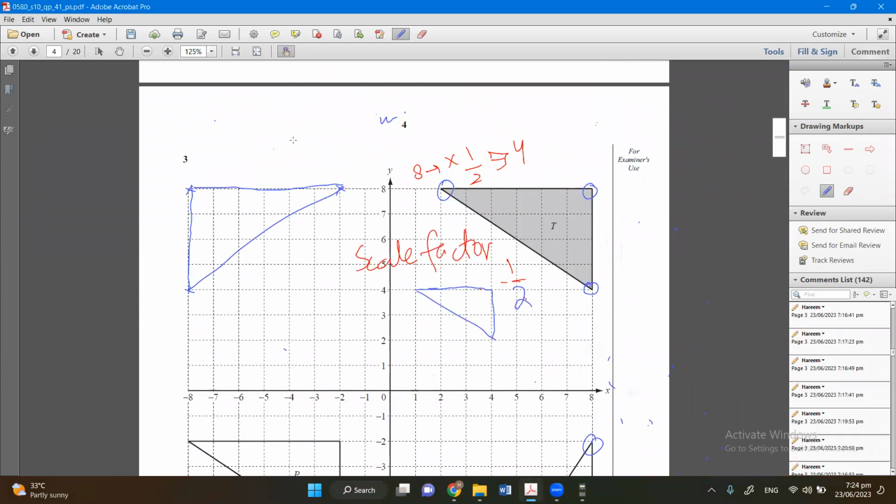What does the scale factor half mean? It means each side magnitude of the triangle T would be half. Or maybe the distance.